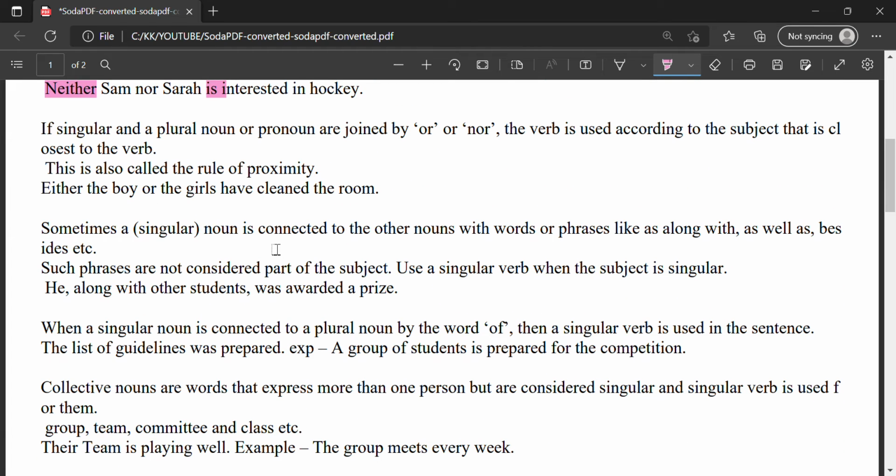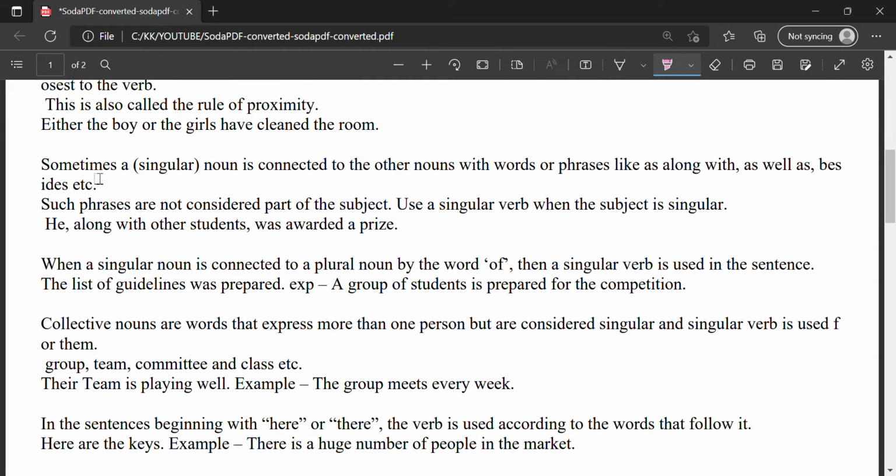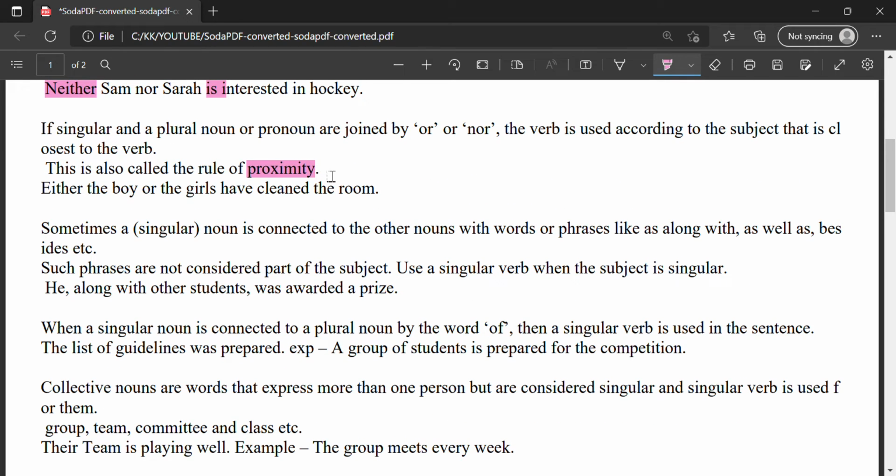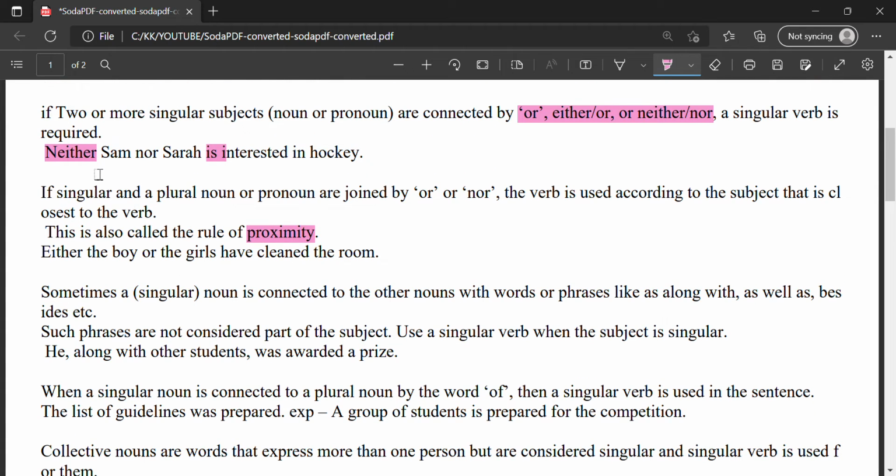Next, if a singular and a plural noun or pronoun are joined by or or nor, the verb is used according to the subject that is closest to the verb. This is also called the rule of proximity. I have an example: either the boy or the girls have cleaned the room. In the previous examples there were single subjects, only one person each time.